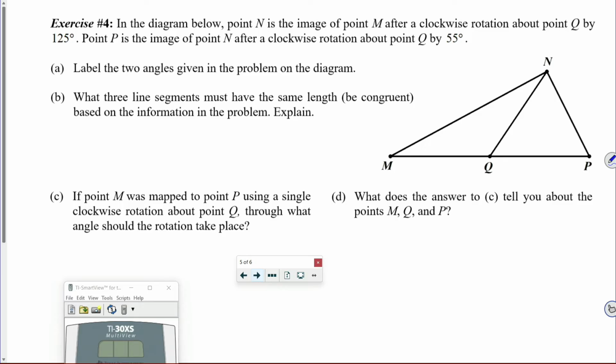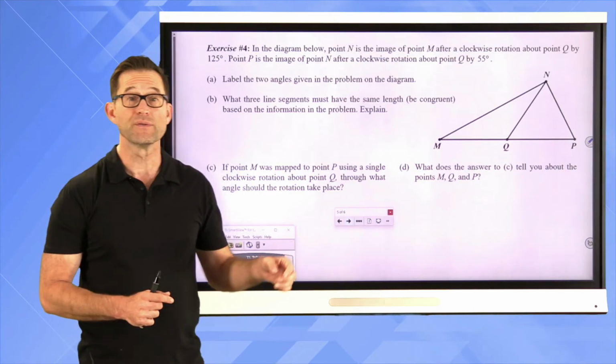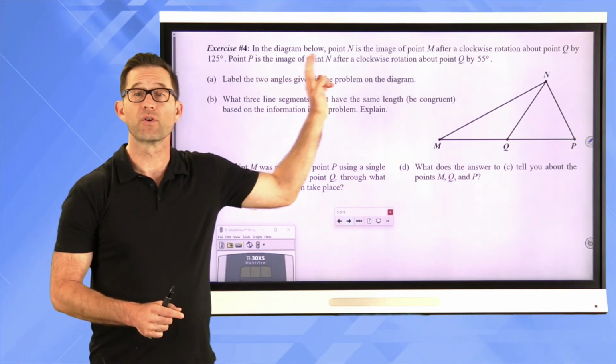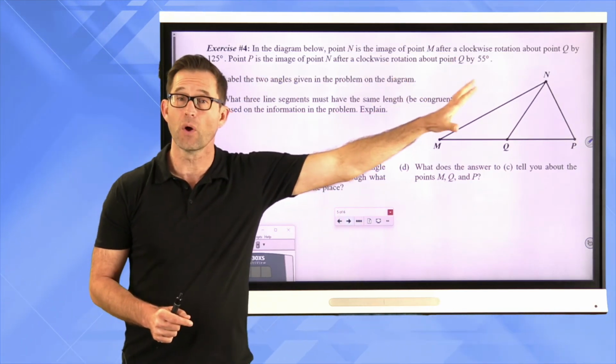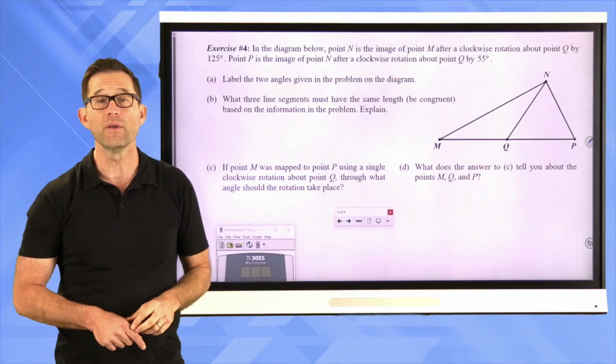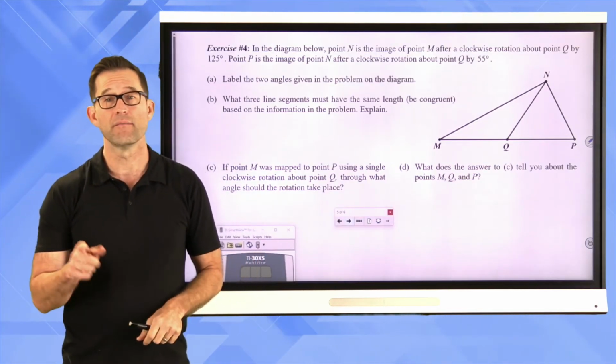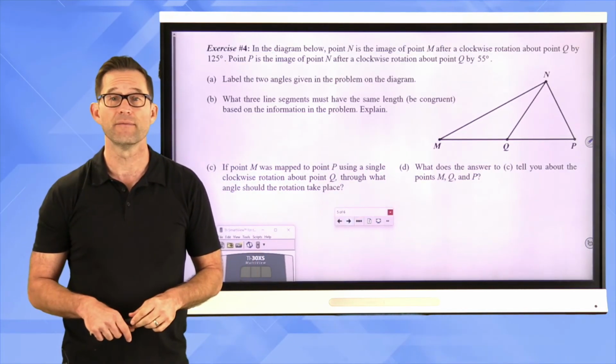Point P is the image of point N after a clockwise rotation about Q by 55 degrees. Letter A. Label the two angles given in the problem on the diagram. In other words, that 125 degrees and that 55 degrees show up in this diagram, and I want you to label where they should be. Pause the video now and go ahead and do that.